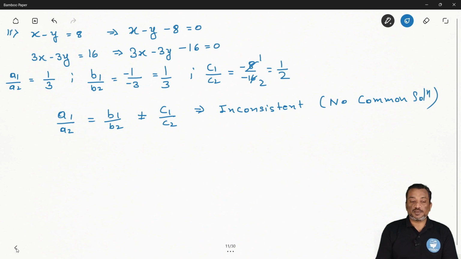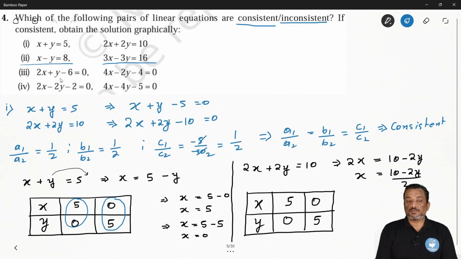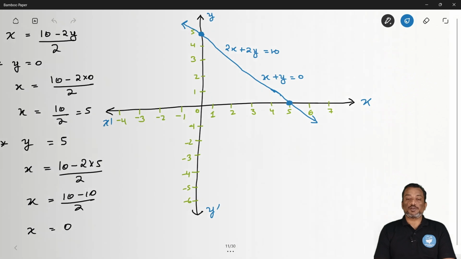Now, let me take a third one. The third equation we have been given is 2x plus y minus 6 is equal to 0. And the second one, 4x minus 2y minus 4. So let me solve quickly.